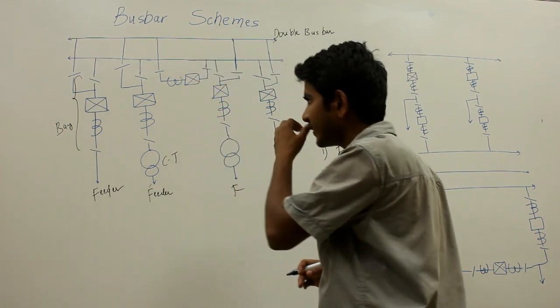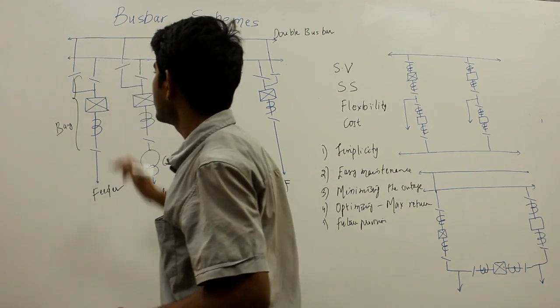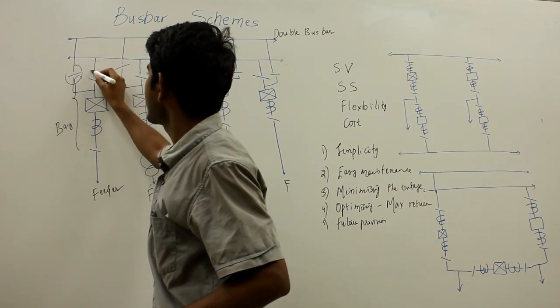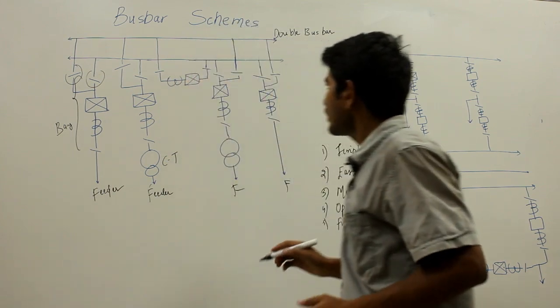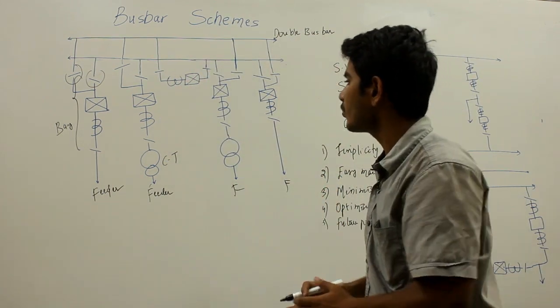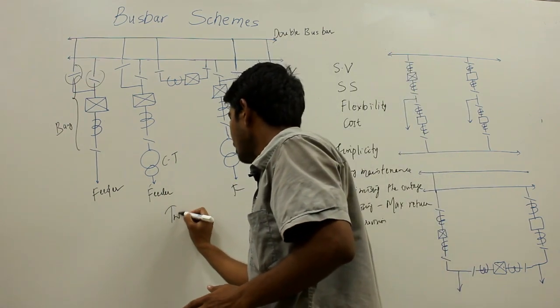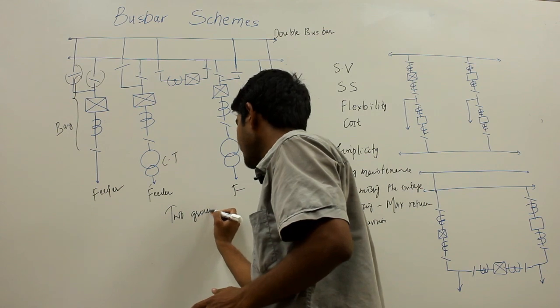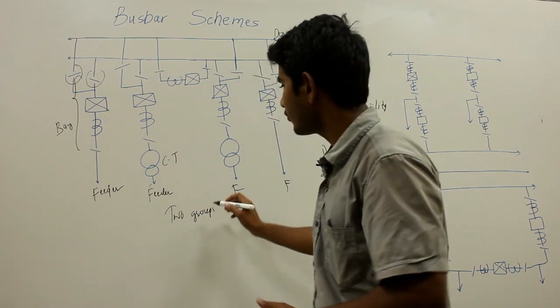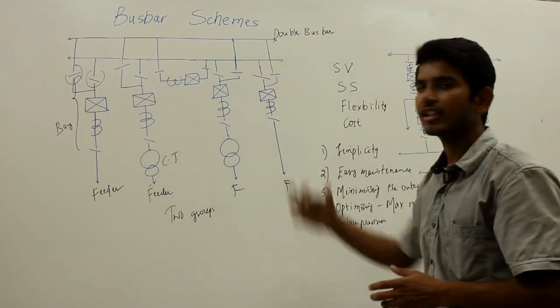Each feeder is connected to both of the buses in parallel through the individual isolators. So here both of the buses are energized, and the total number of feeders can be divided into two groups, and one group is fed from one bus and the other group is fed from the other bus.